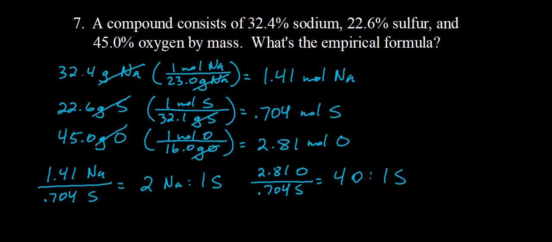So what is the order of the elements in this compound? I'll make sure with these ones that I give you the elements in the order that they appear in the formula. So we have Na, S, and then O. So according to the ratio, how many sodiums in the empirical formula?